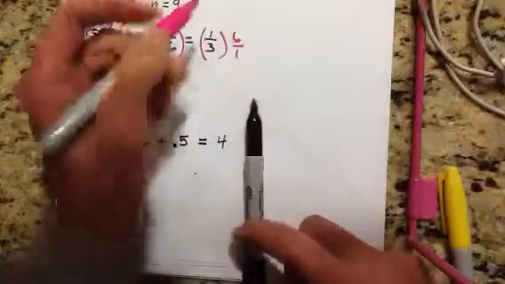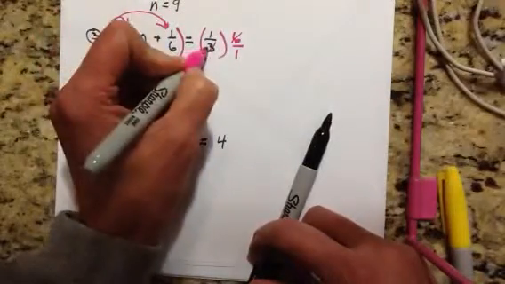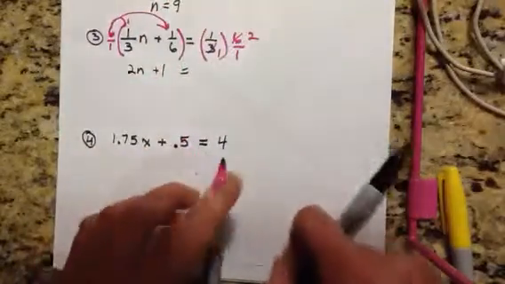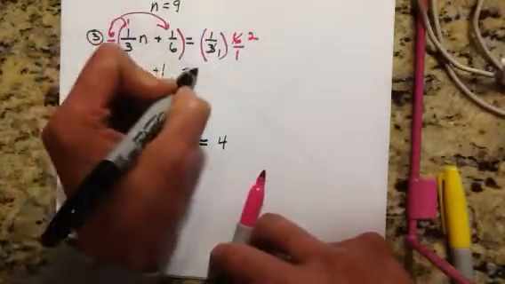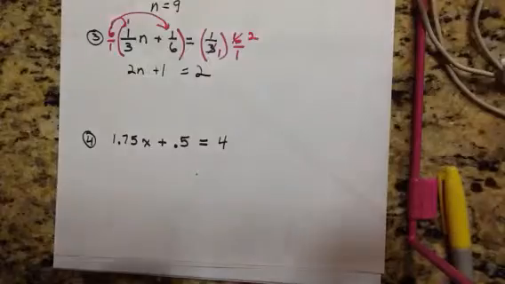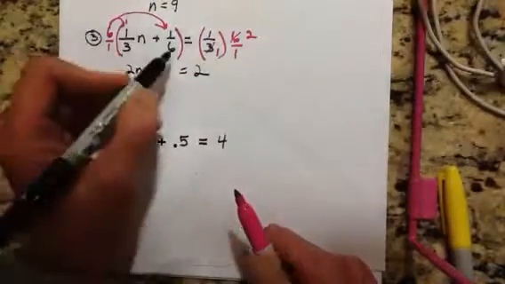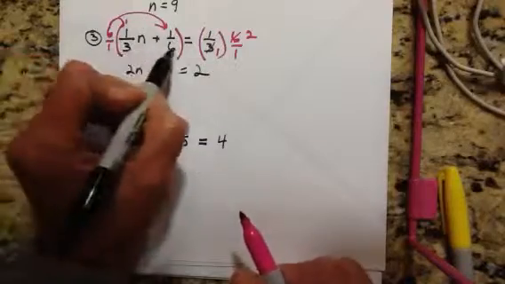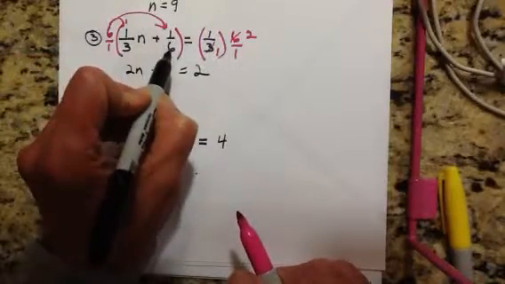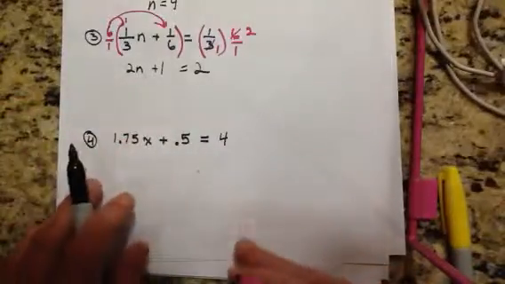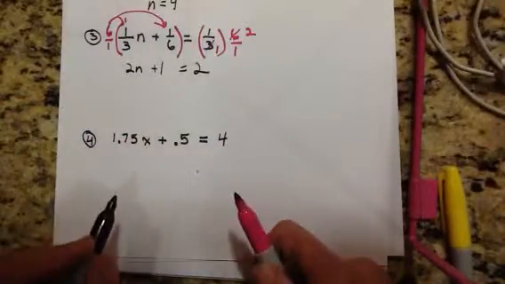And in this case, we can cross cancel here. 3 divided by 3 is 1. 6 divided by 3 is 2. 1 times 2 is 2. So by using the least common multiple of these denominators, and that multiple was 6, multiplying through by that, now I have no more fractions to deal with.